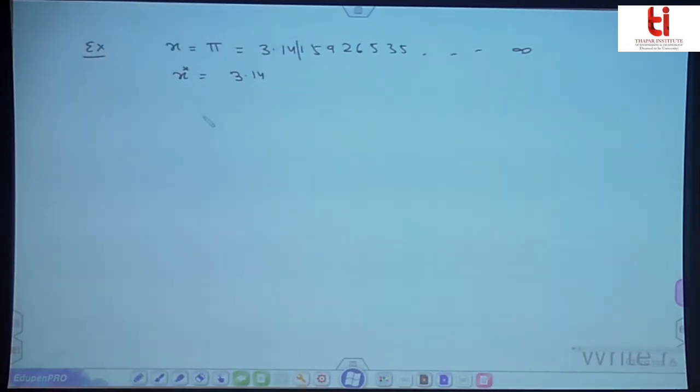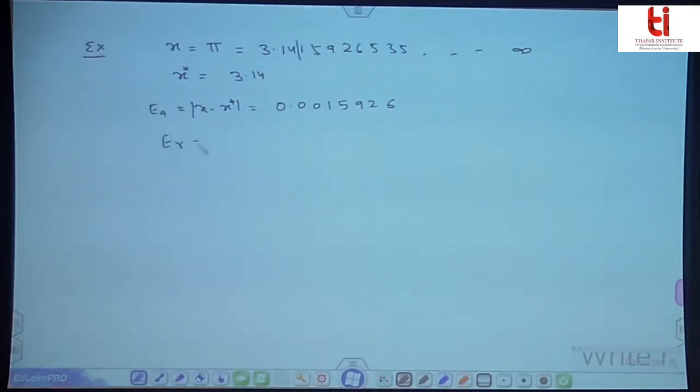Then x minus x star is 0.00159265, and this is the approximate error.